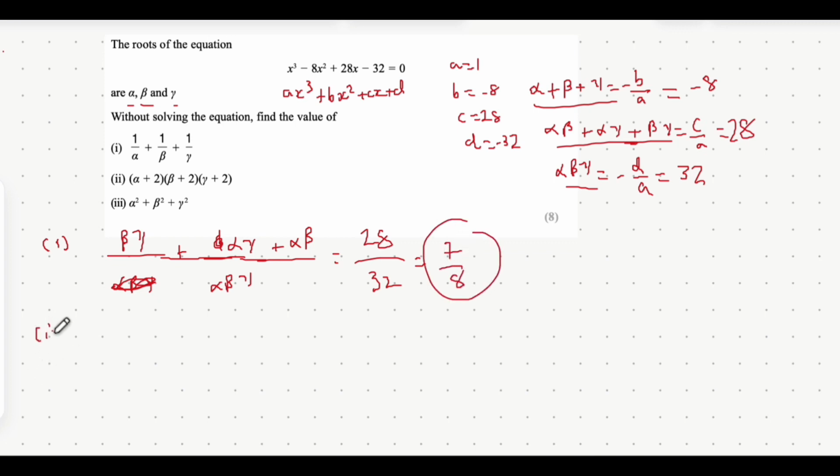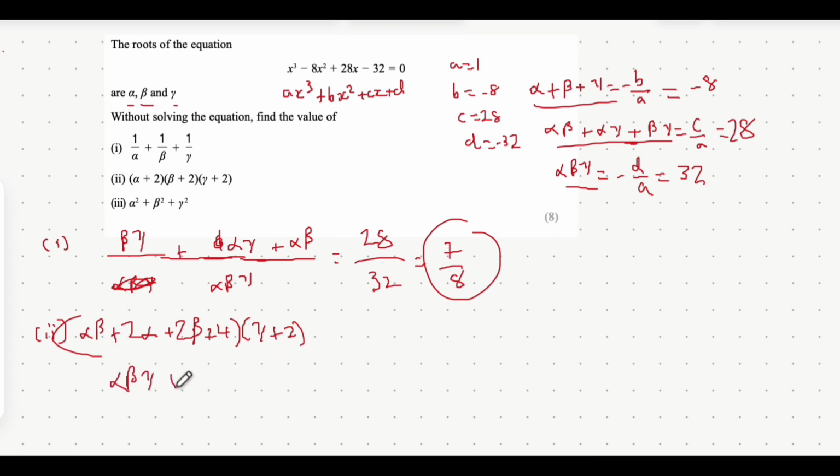Part 2 of the question is a little bit longer because you have to expand everything out, but let's do that. Alpha times beta is alpha beta. Alpha times 2 is plus 2 alpha. 2 times beta is plus 2 beta. And 2 times 2 is 4. You're multiplying onto all of that gamma plus 2, so let's do that now. Alpha beta times gamma is the multiplication of all three.